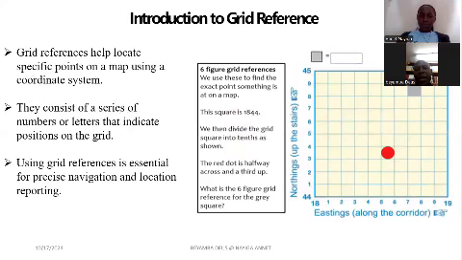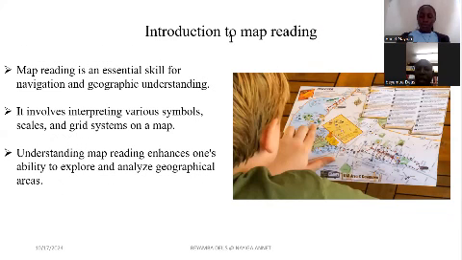Before I go ahead, what do you understand by the term map? What is a map? A map is just a representation of something, and it is indicated on a piece of paper.